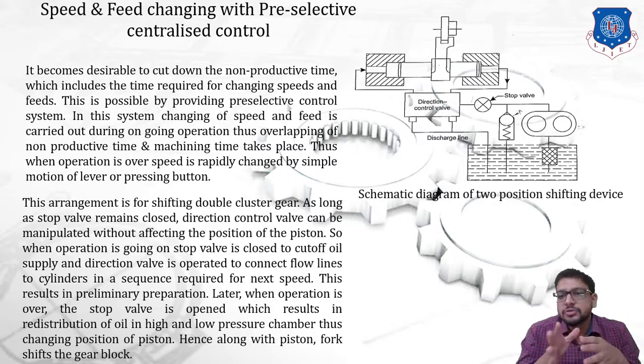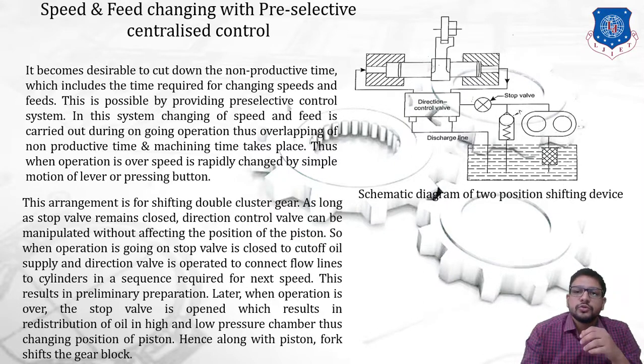So as long as the stop valve remains closed, the direction control valve can be manipulated without affecting the position of the piston. So once a piston is in a particular position and the gear shifting fork has shifted the double clutch gear, which means an operation has been started. Right. Now while operating, we know that this piston is not going to move.